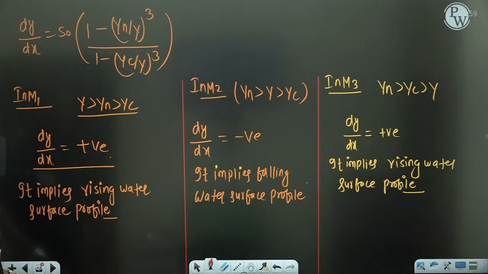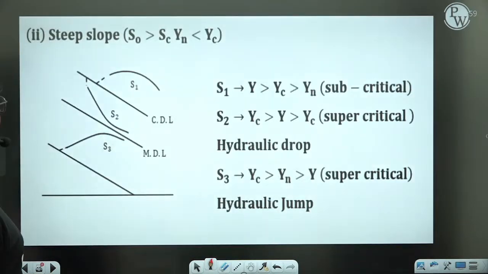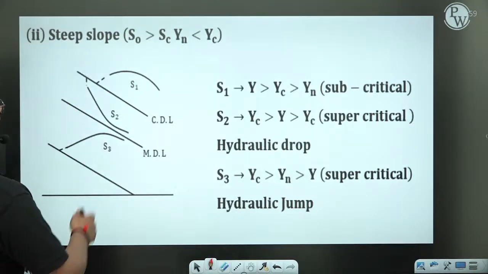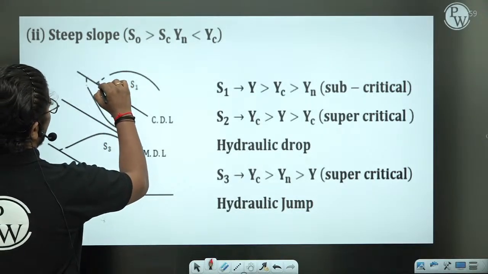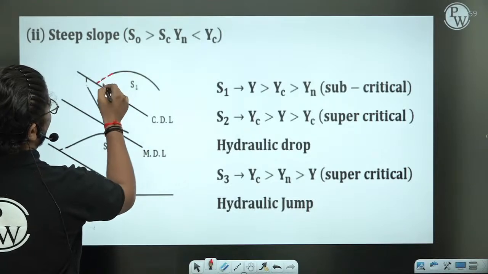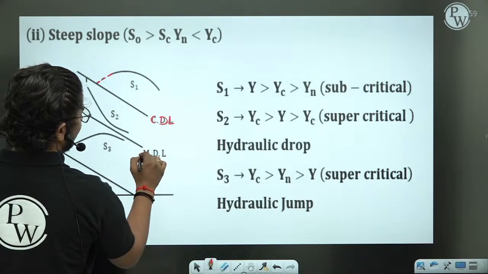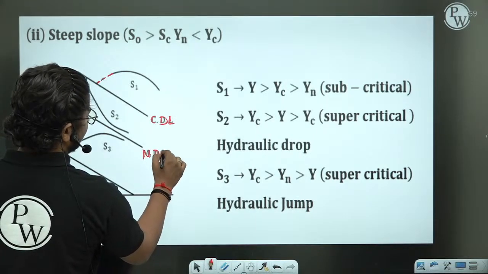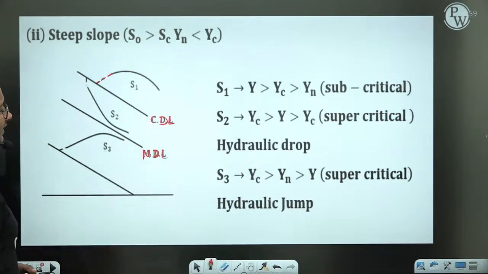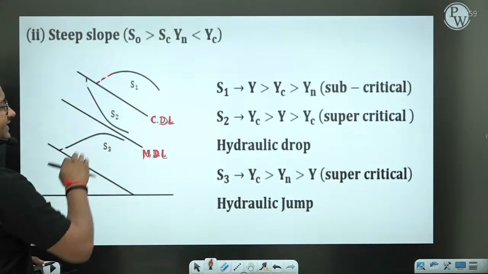Now see the second case. If you understand this part, then the second case will be very easy for you. Like the steep slope, the first one tries to make a perpendicular with the CDL line. Here the CDL line will be above the NDL line, because yc is more than yn. So again you get S1, S2, S3.